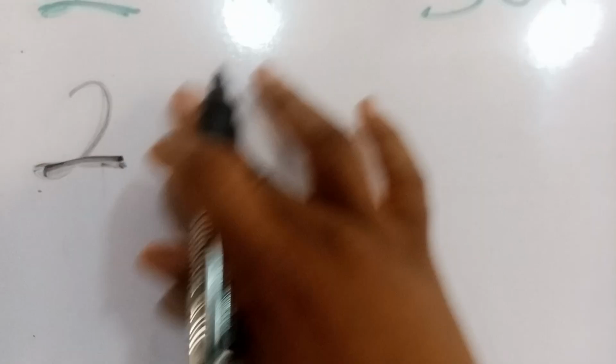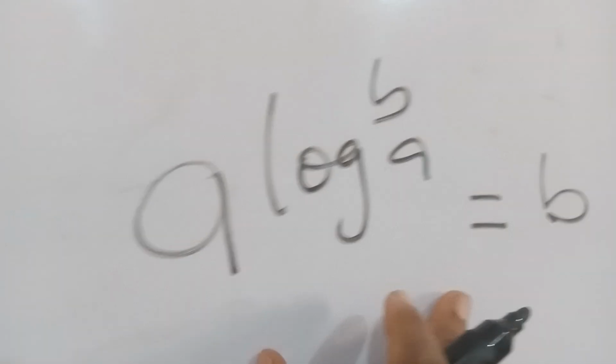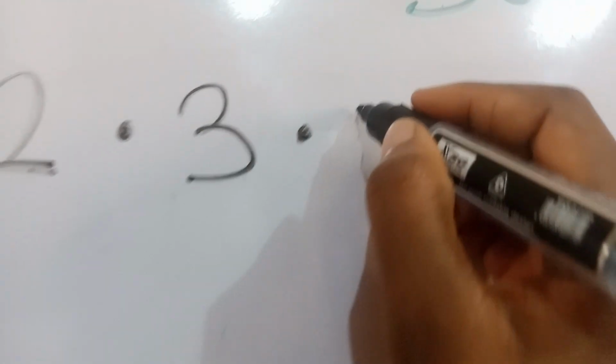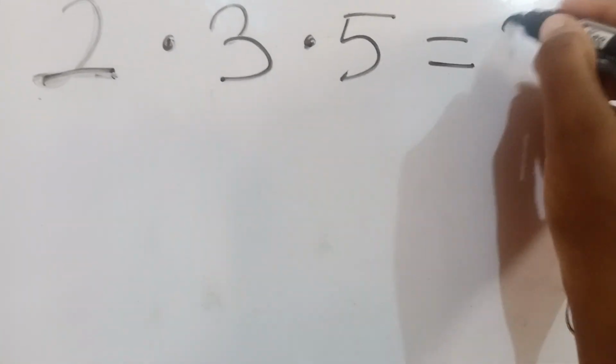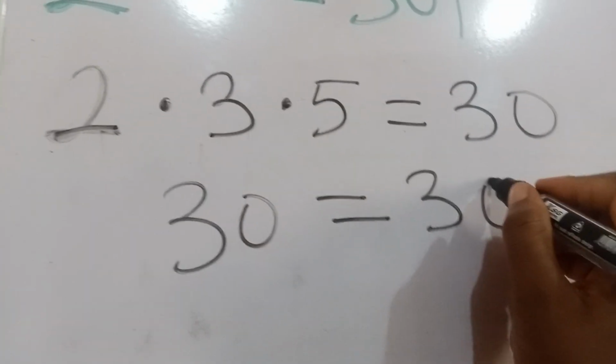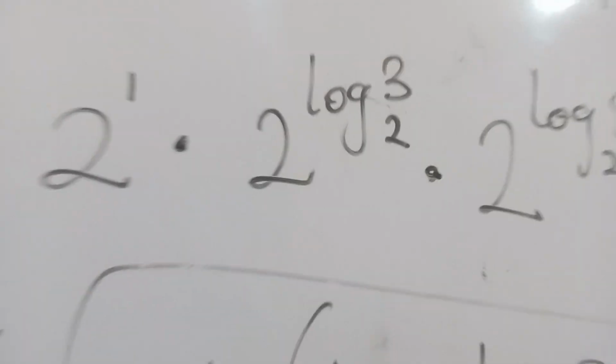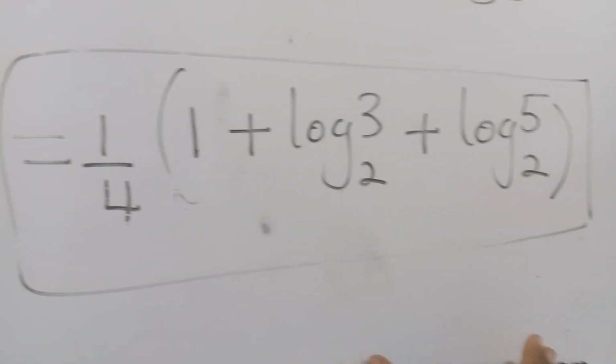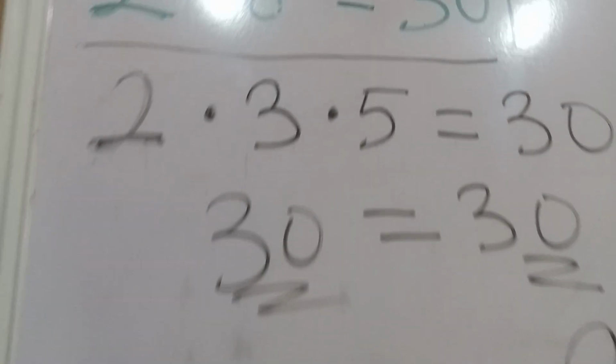This will give us 2, this will give us 3, and from here, this will give us 5. When we multiply, this will give us 30 equal to 30. So this satisfies that the value for x satisfies this equation. You see it?